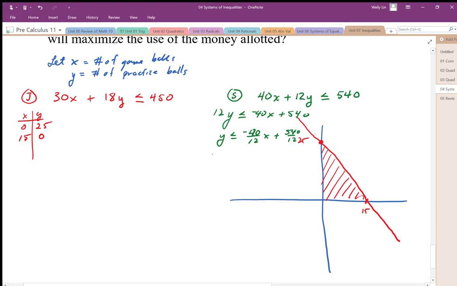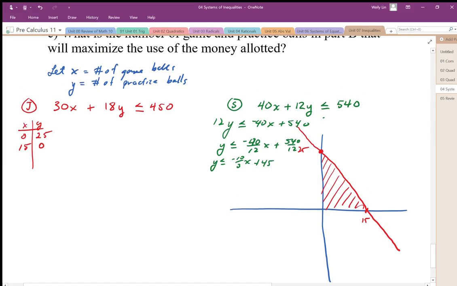Let's simplify that. 40 over 12 is 10 over 3, so negative 10 over 3 is my slope. And 540 divided by 12 is equal to 45. So we can buy at most 45 practice balls, it looks like.